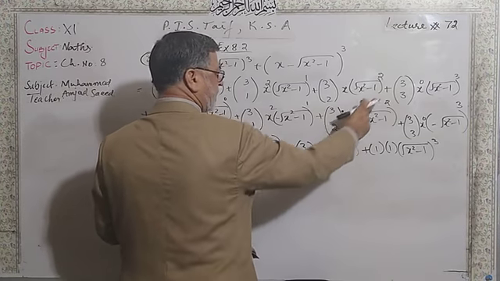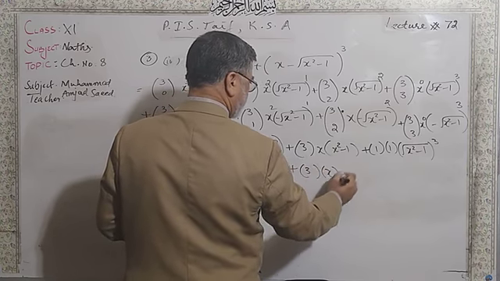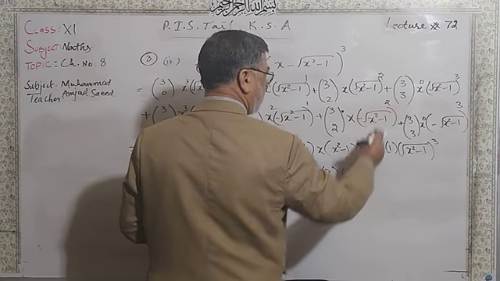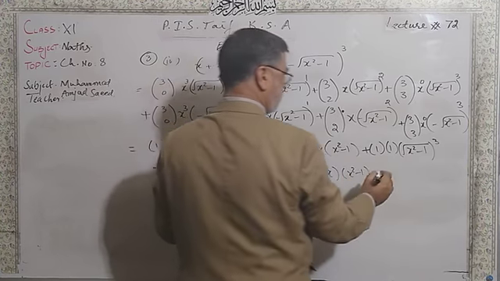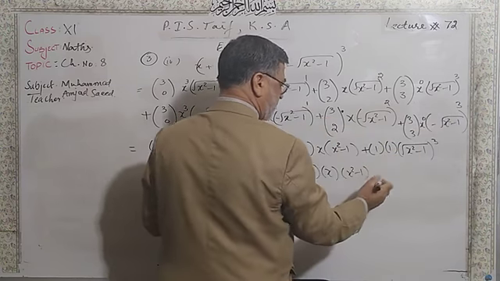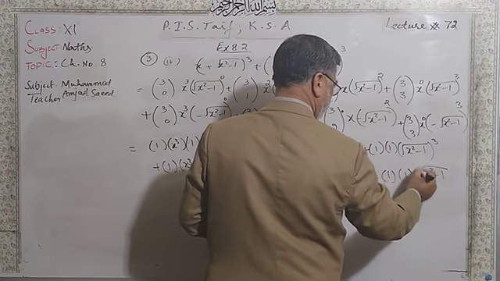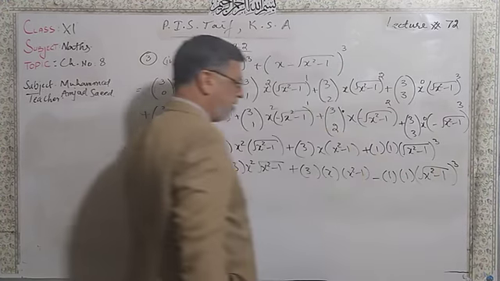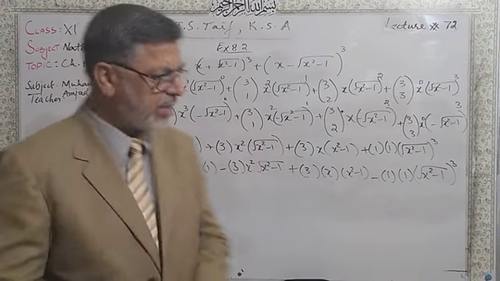Similarly, because of this square it becomes positive, that will be 3 into x square minus 1. 2 will make it positive and square root cancelled out. And after that, this is power 3, so negative sign will remain as it is. So we will have last term. In this way, we have different terms with opposite sign.